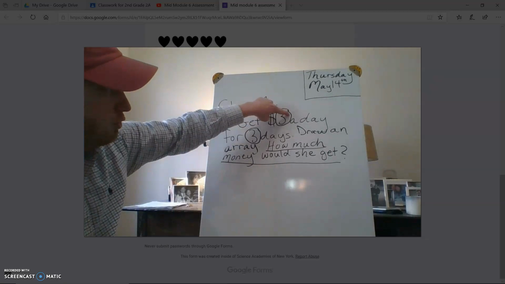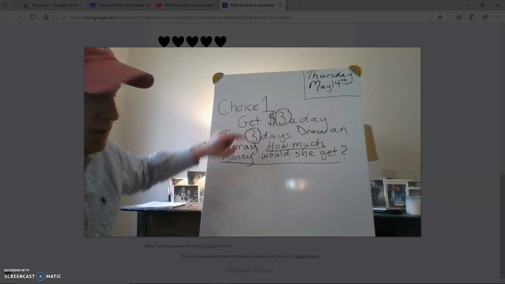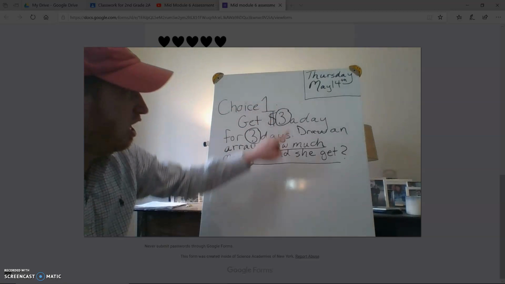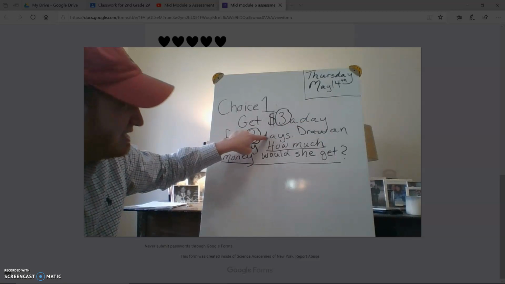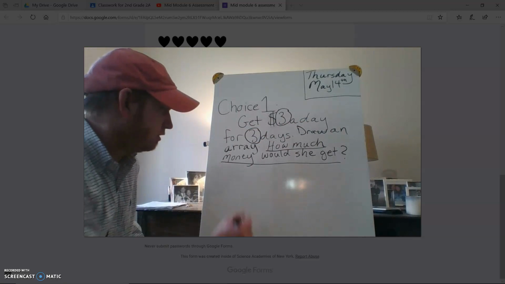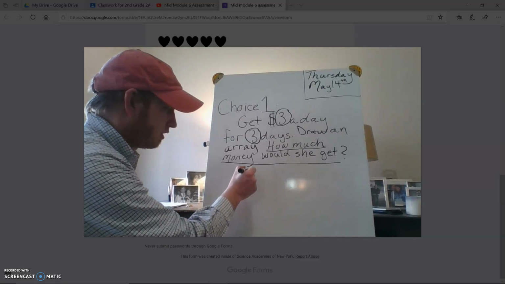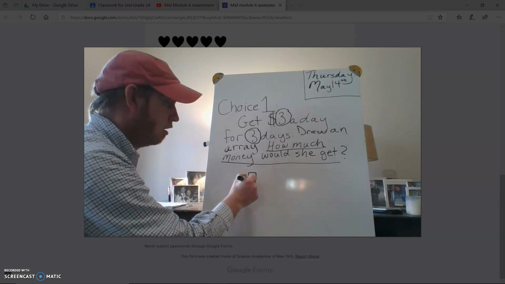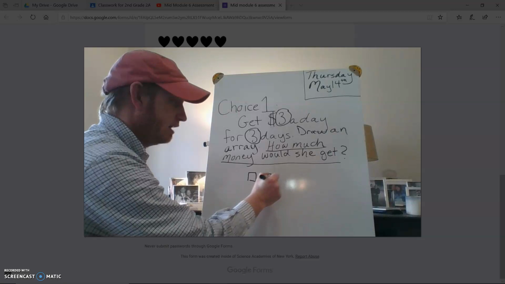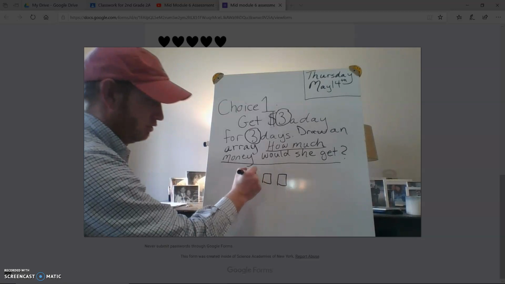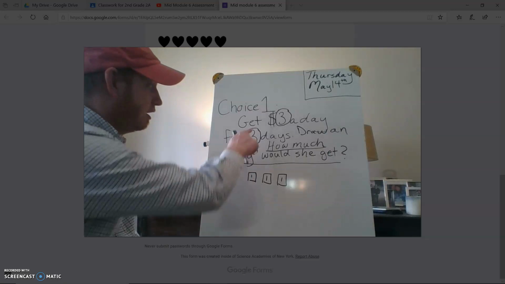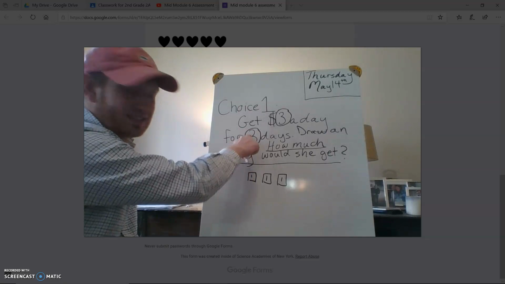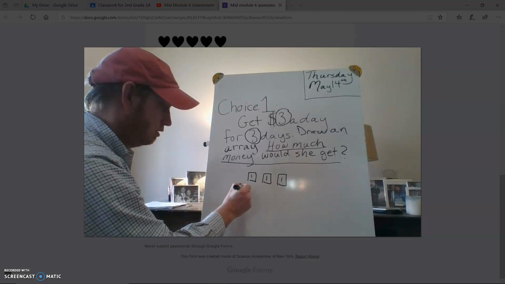Now I'm going to solve it. So I'm going to look at my two numbers, 3 and 3, and I see that she gets $3 a day for 3 days. So I'm going to draw an array. Day 1, she made $3. So $1, $1, $1. She did that for 3 days. So this is 1 day.